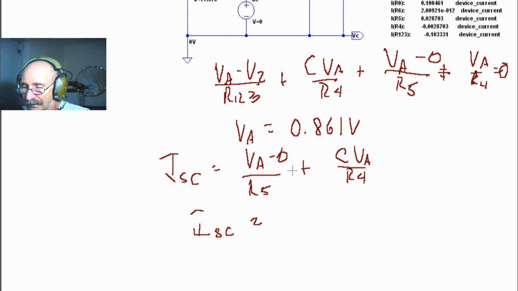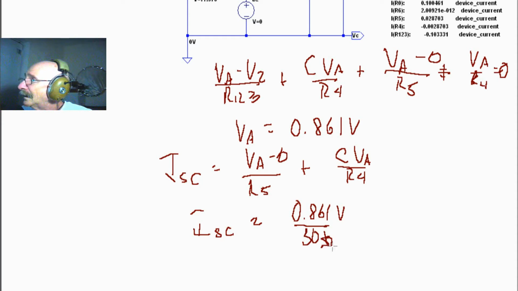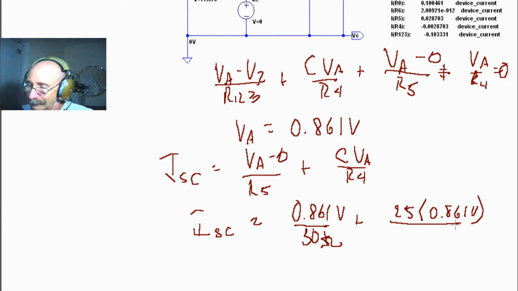Once you plug the numbers in, ISC is equal to 0.861 volts divided by 30 ohms plus 25 times 0.861 volts divided by 300 ohms. Is that 300 or 500?